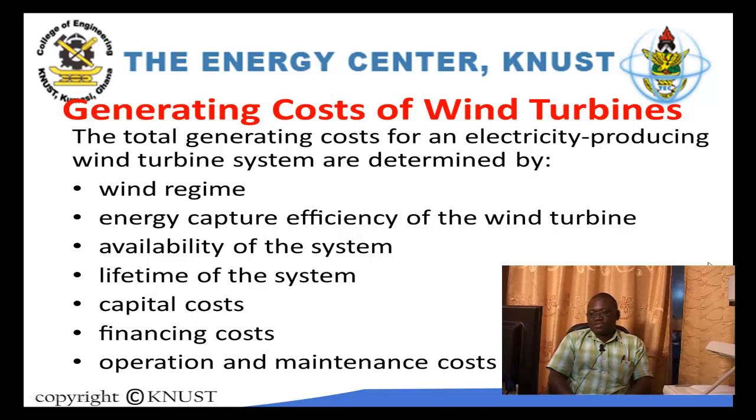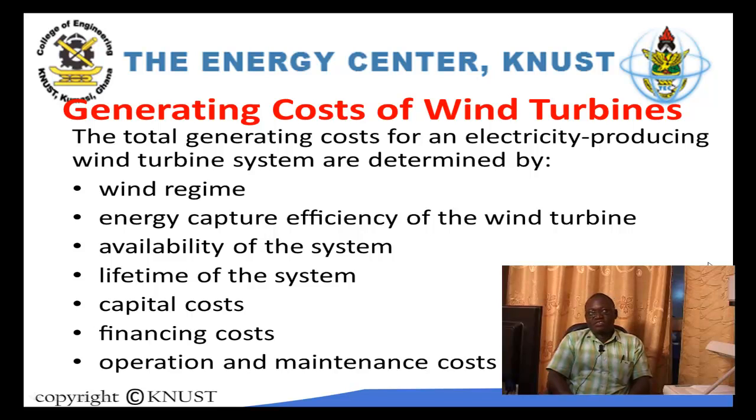It also depends on the energy capture efficiency of the wind turbine. If the wind is coming to the turbine at a particular speed, what fraction of that incoming energy of the wind can the turbine extract? So the turbine has to be very efficient. And then the availability of the system.